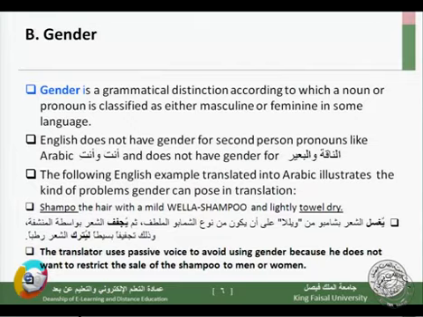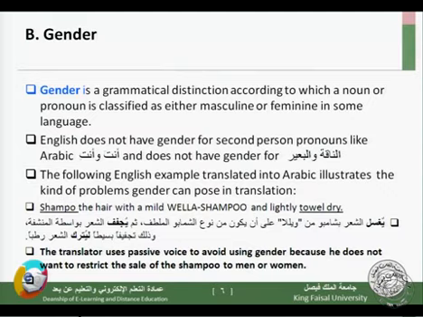This is a piece of instruction given to the customer, to the user of the shampoo. Do this, don't do this. Now what it says here: shampoo the hair with a mild Wella shampoo and lightly towel dry. This is how English people speak. Shampoo the hair. Now here, they are addressing you.